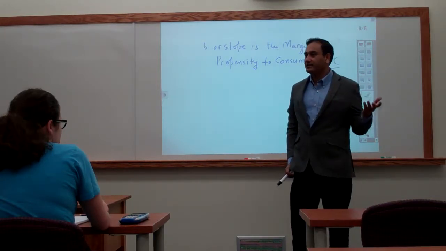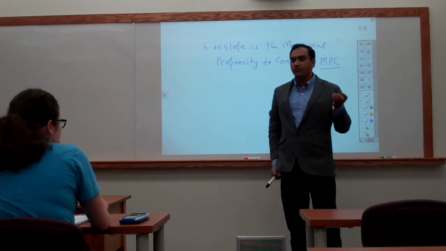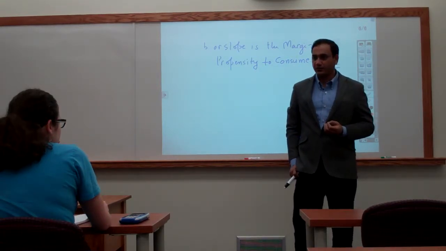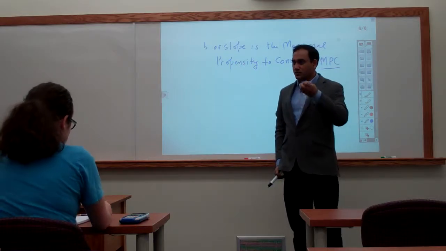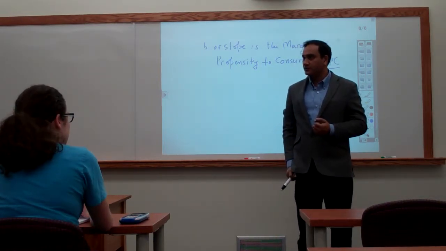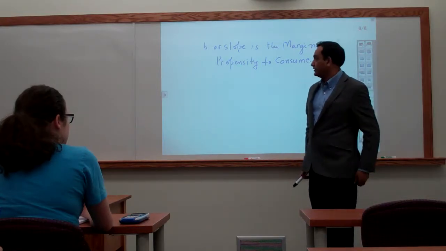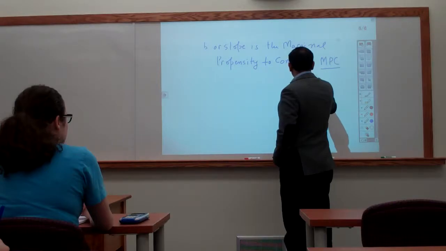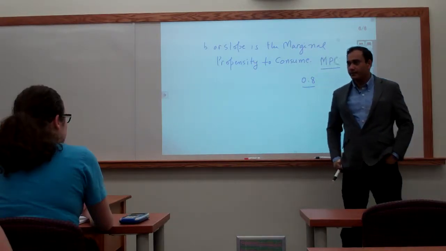Let's say 80 cents. So marginal propensity to consume would be 0.8 in this example. Your income goes up by $1 and you consume 80 cents out of that $1. That's your MPC. So 0.8 would be your MPC in this example.